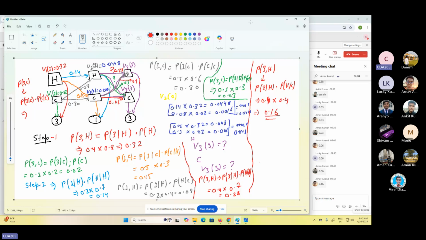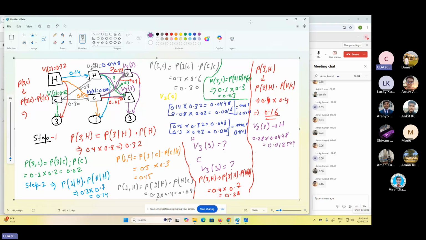Now, how to calculate V3? This V3 for H. So who is going into H? One is going 0.28, one is going 0.16. So it is 0.28 into 0.0448, so its value will be 0.012544.